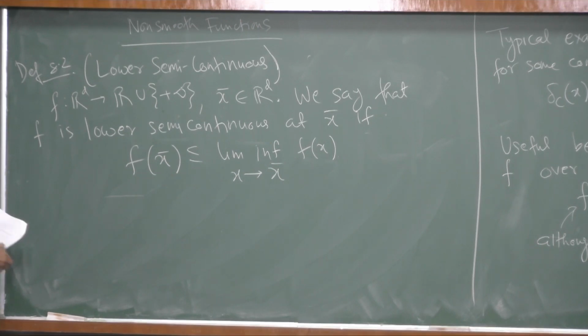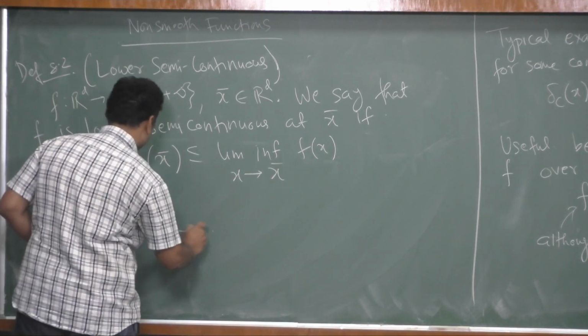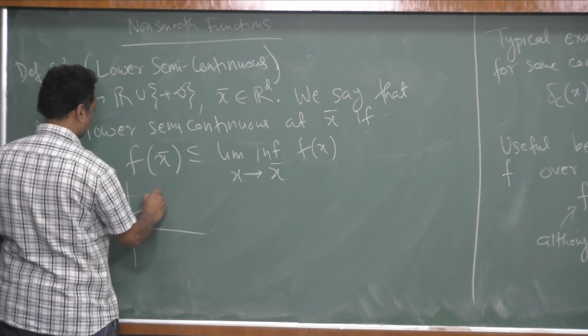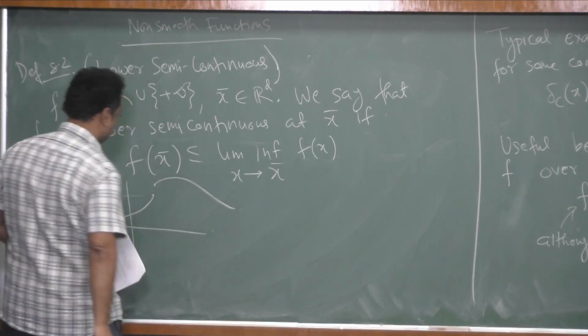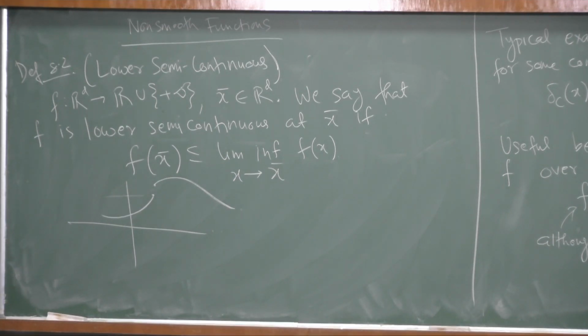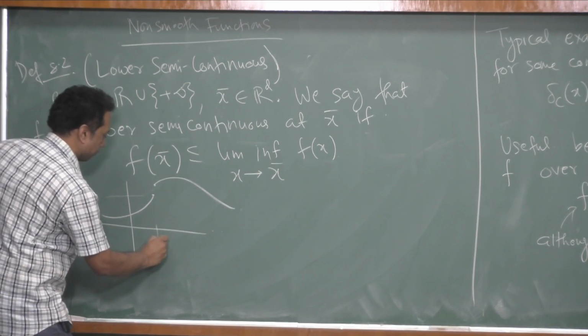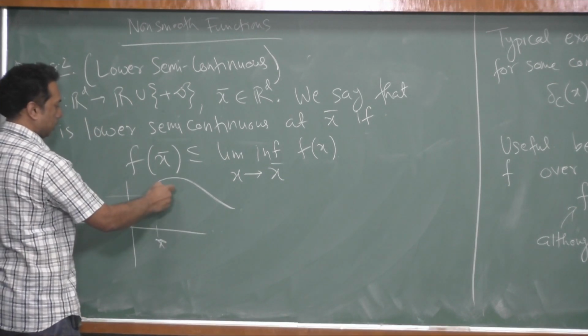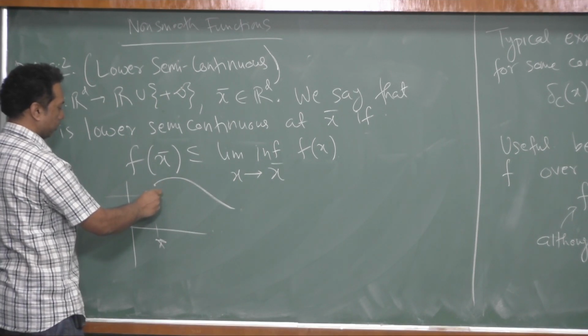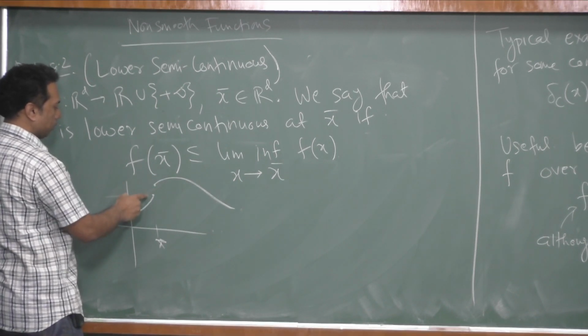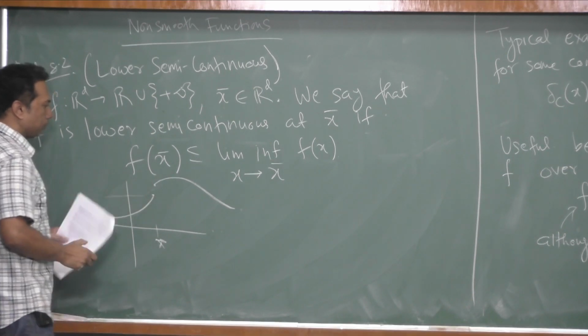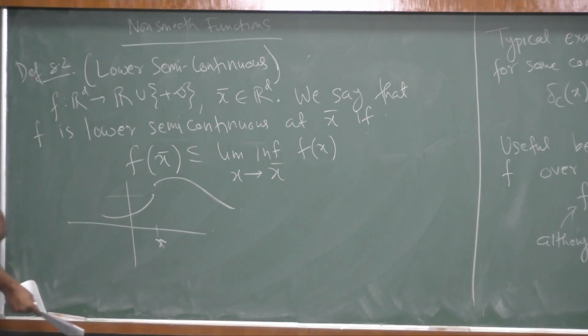So this essentially means that these functions are allowed to have discontinuity, but as I get closer to x bar, these values are larger than these values. Okay, so there is a jump discontinuity, but the jump takes the larger values on the right. Similarly, I can define upper semi-continuous. A function which is both lower and upper will be continuous.